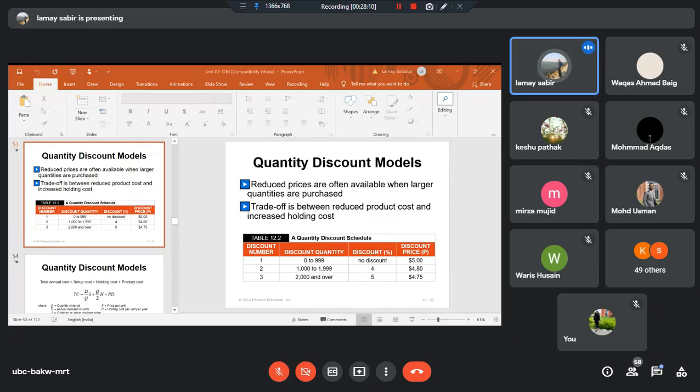The per unit price will be ₹5. Let's take the example in the table. If you place an order of less than 1,000, you have to pay.